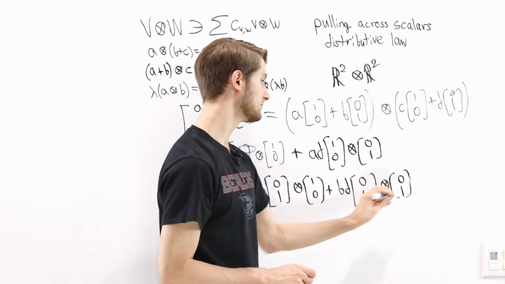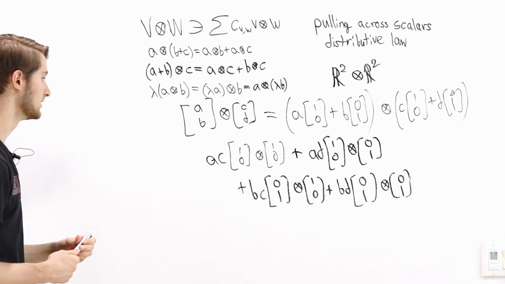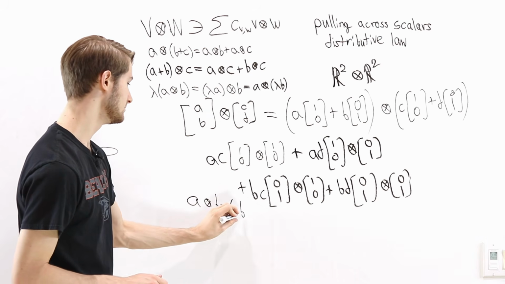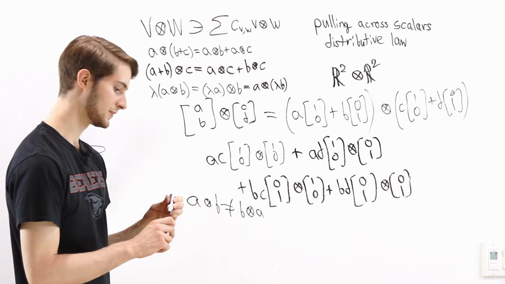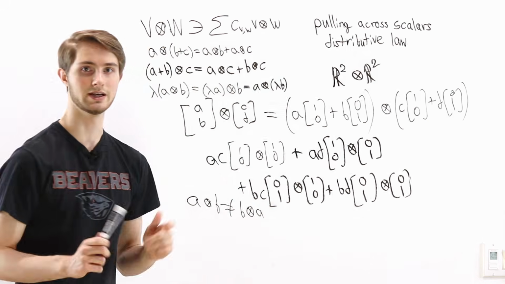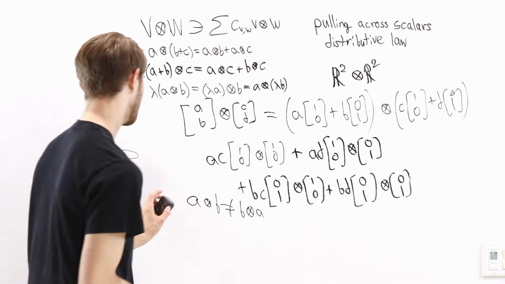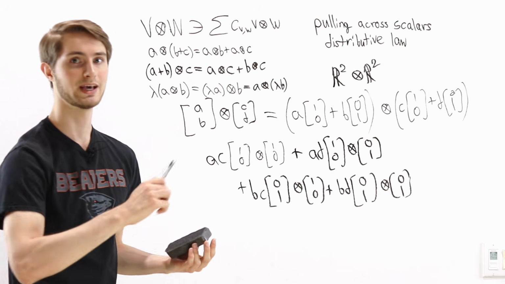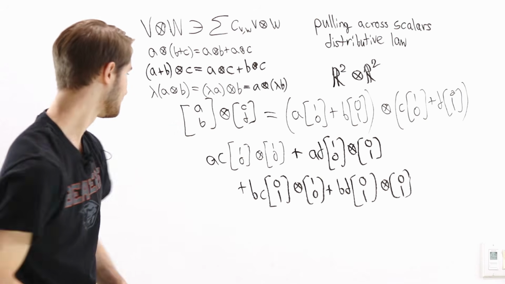Now it's important to keep in mind when we're doing the tensor product that a tensor b is not equal to b tensor a. We're not allowed to switch the order of elements in a tensor. We have to keep them how they are. We're allowed to pull across the scalars, but we can't switch the vectors.